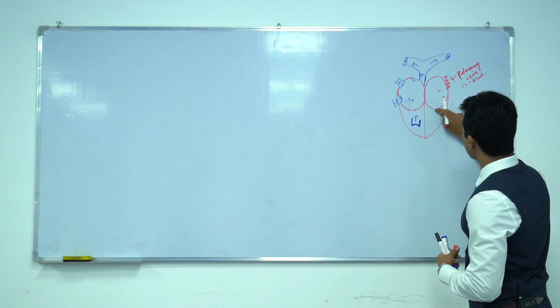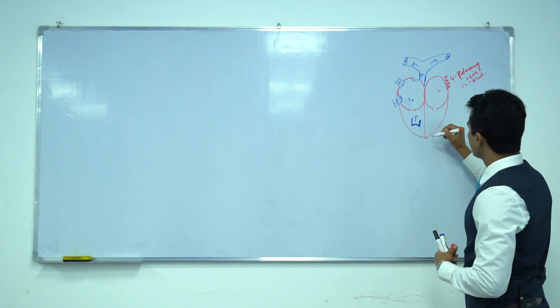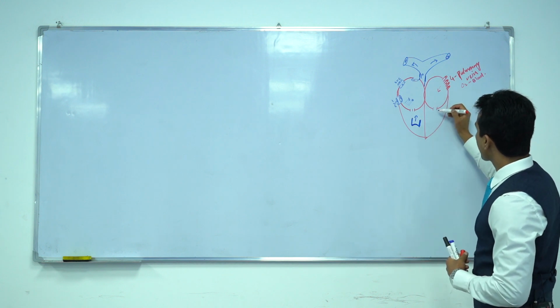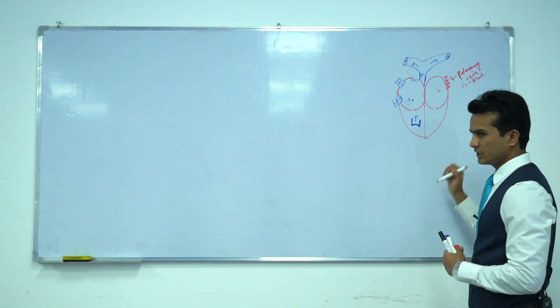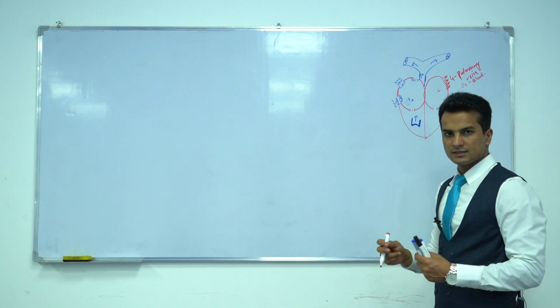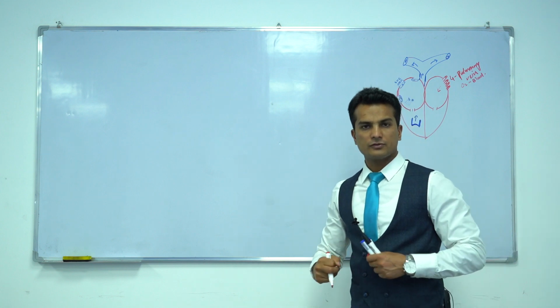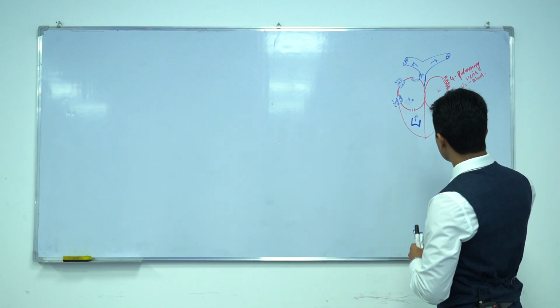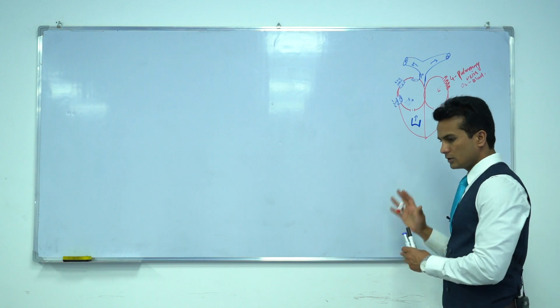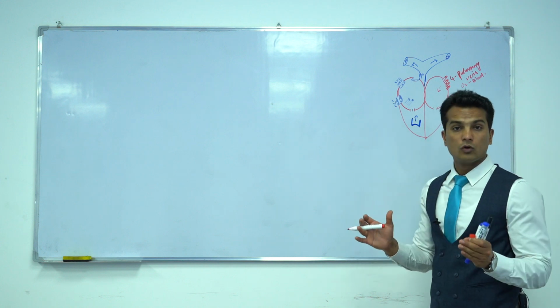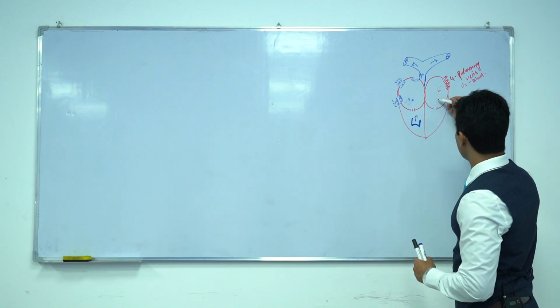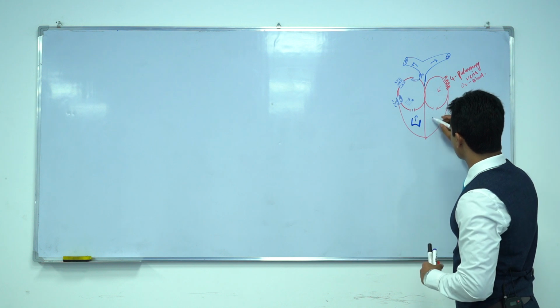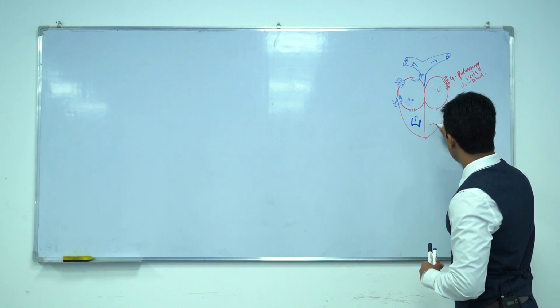And the oxygenated blood from the left atrium enters the left ventricle, and the left ventricle is the strongest chamber of the heart, because it has to pump blood through the largest vessel, which is the aorta, okay?